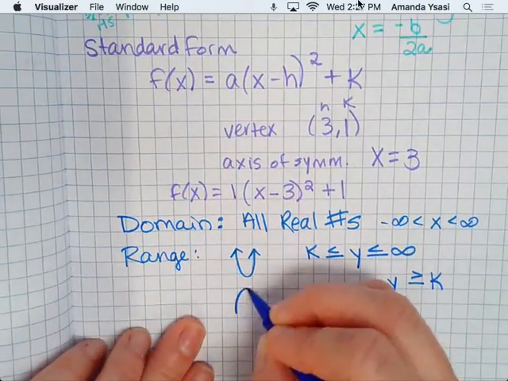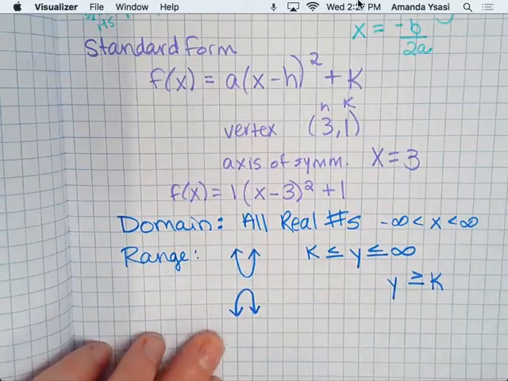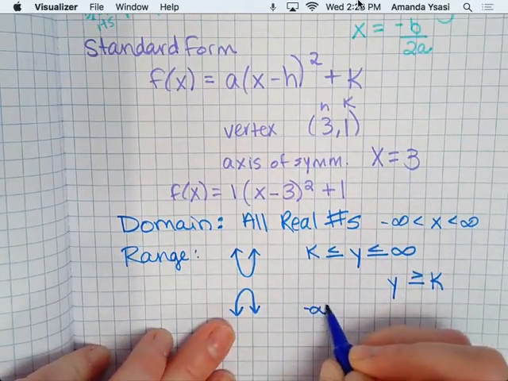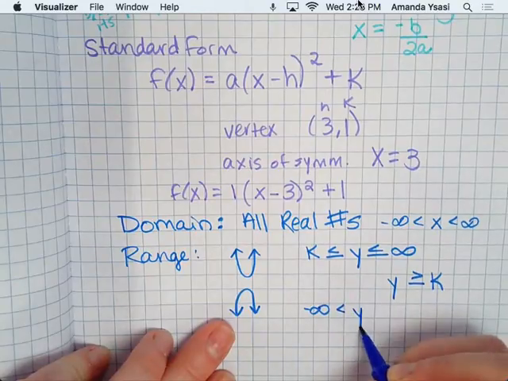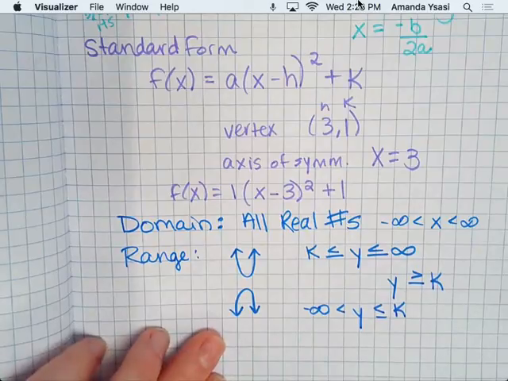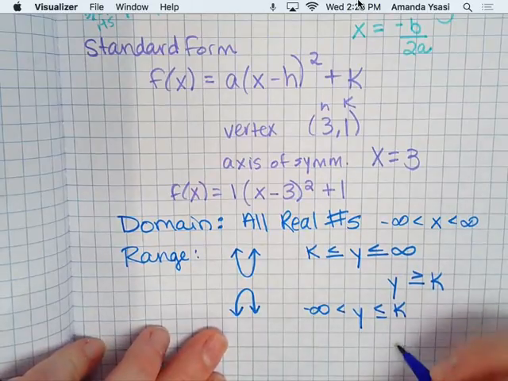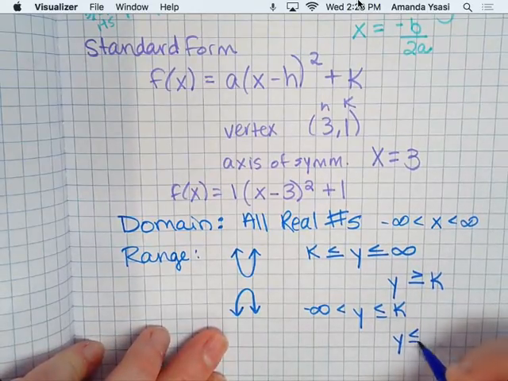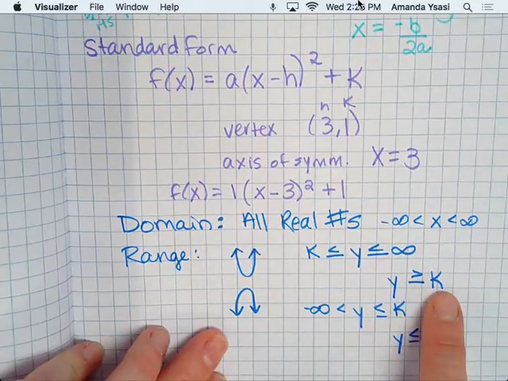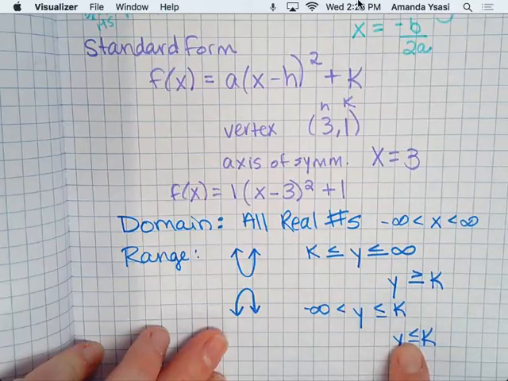But if it is where a is negative 1, it's going to go the opposite way. It's going to go negative infinity is less than y is less than or equal to whatever k is. And we'd write it as y is less than or equal to k. So it's either greater than or equal to the lowest point or less than or equal to the highest point.